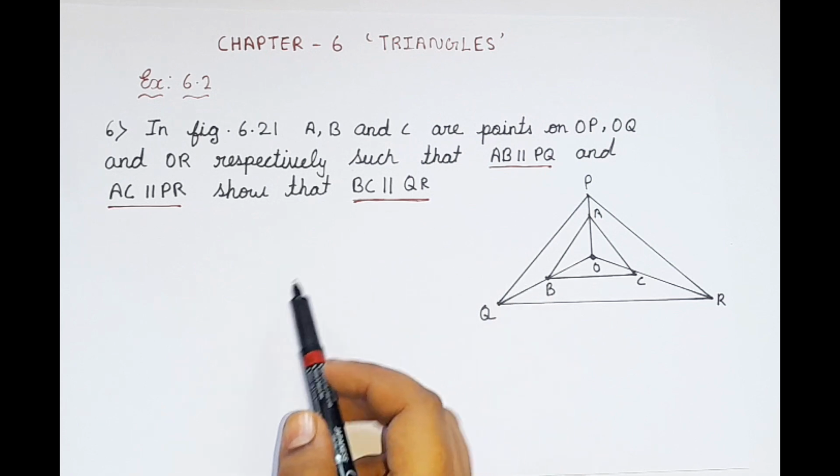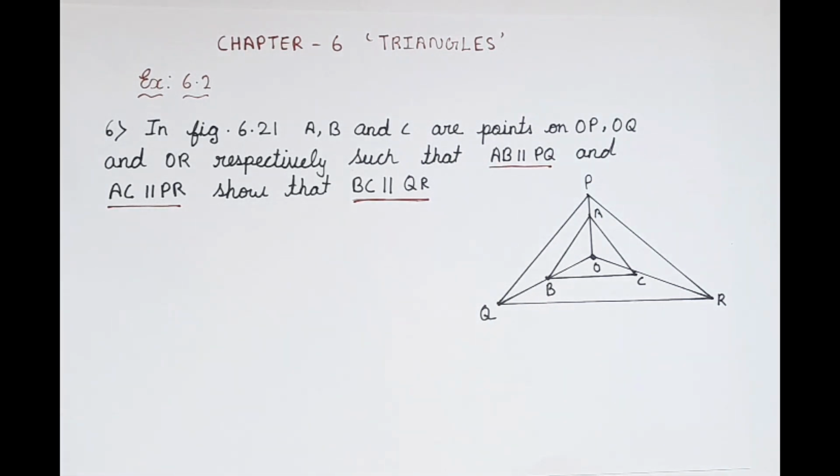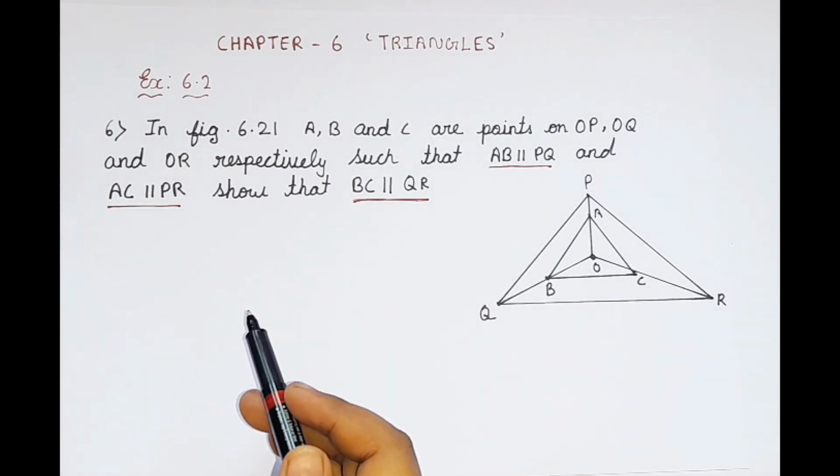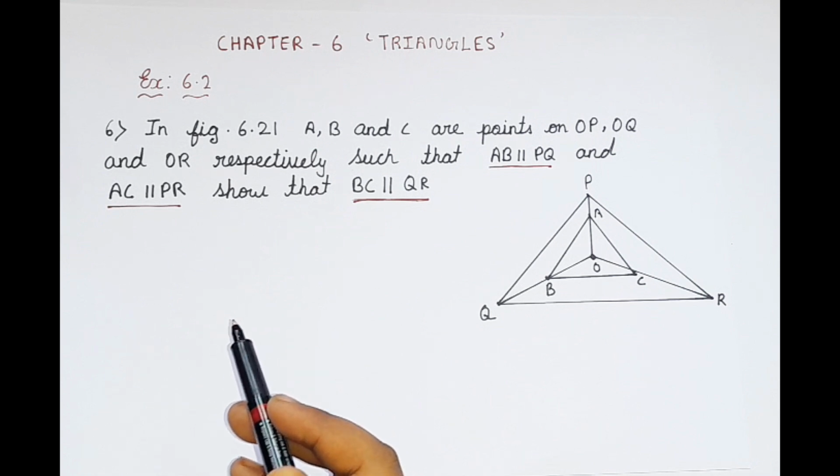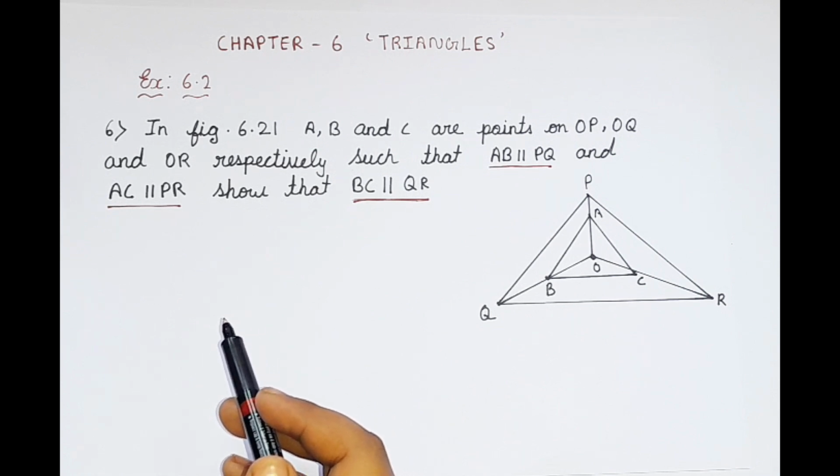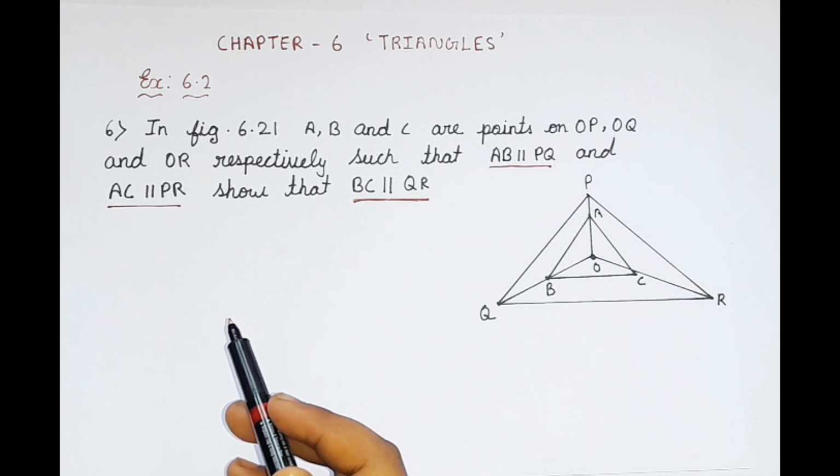First of all, let us write the given things. Before getting into the answer, I would like to ask you a question. Are we going to apply BPT or the converse of the basic proportionality theorem?